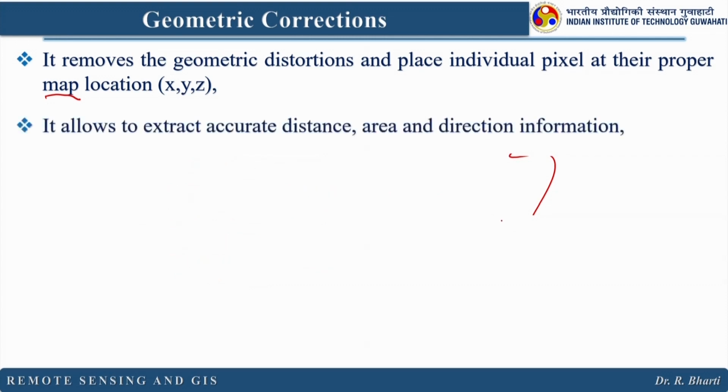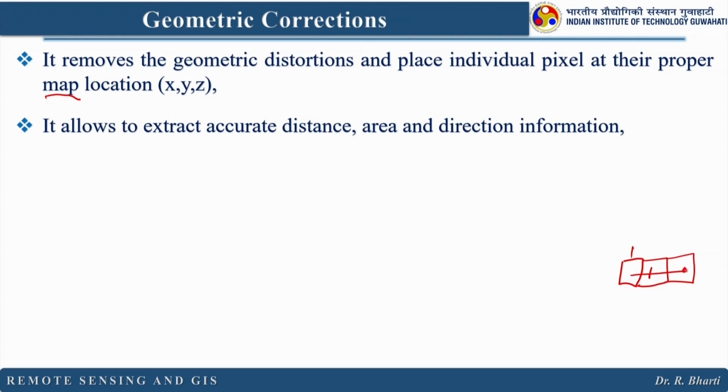right. Then it allows us to extract accurate distance, area and direction information, because if you know that one pixel is 1 by 1 meter, right, then you can easily calculate the distance between these 3 pixels.